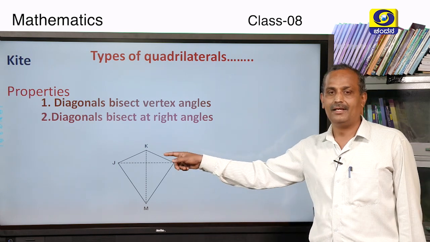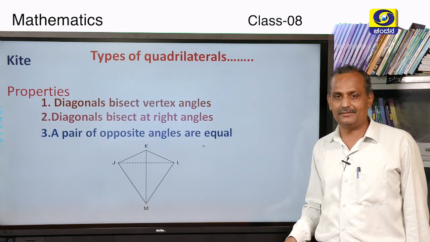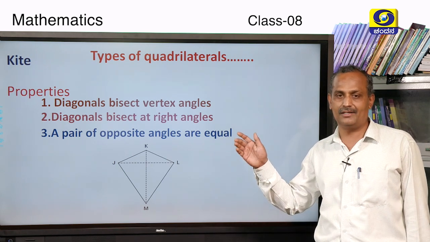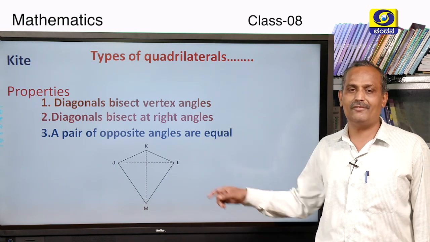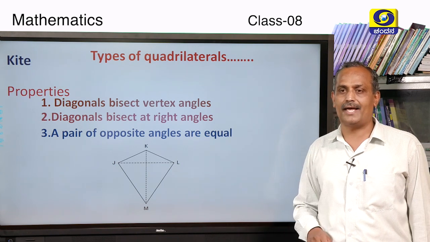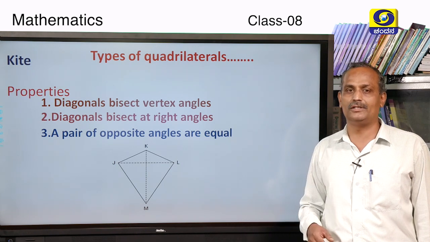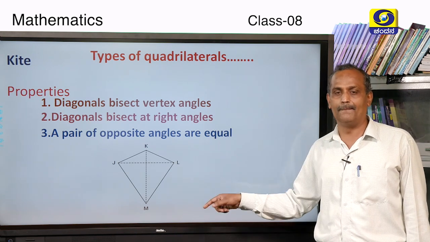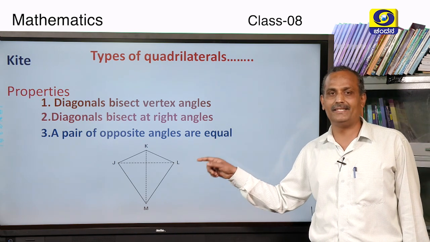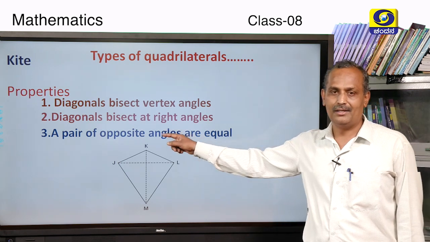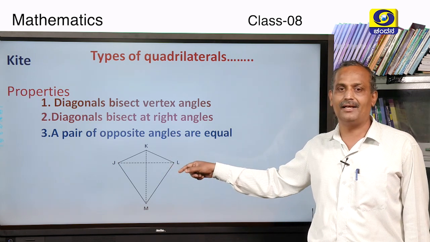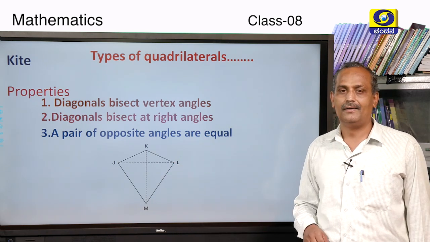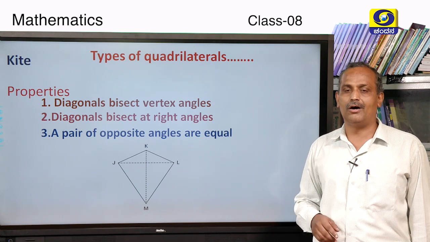Similarly, JML is an angle that is halved by the diagonal KM. And JL is one more diagonal, formed by using non-consecutive vertices. Therefore, KLM has been bisected by JL, and similarly KJM has been bisected by this diagonal JL. It means it has been halved.